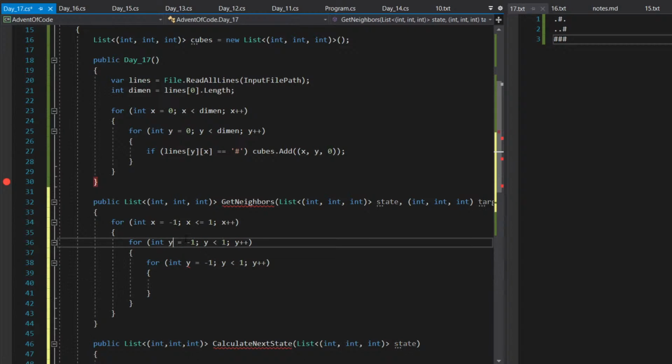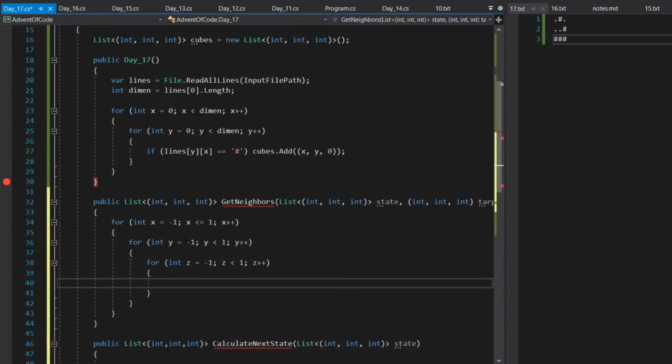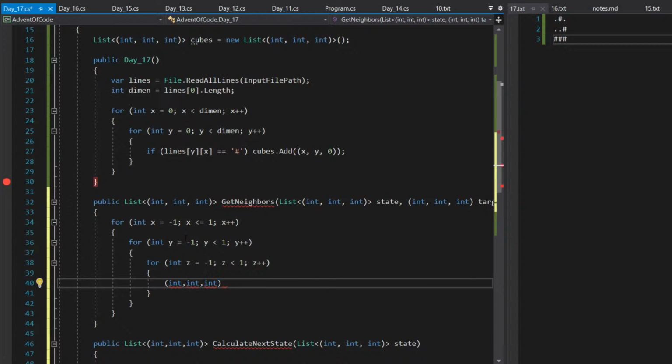We'll do this for X, Y, and Z. I guess we only have to worry if all of them are 0, right?